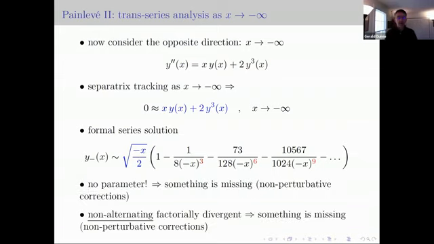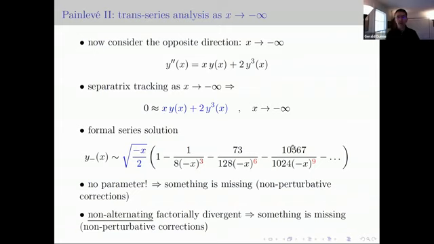But we see, now this is very similar to the Painlevé example that Adri just discussed. There's no parameter here. This is a second order equation, and I'm presenting you a solution, an asymptotic expansion, that has absolutely no parameter in it. So that tells you already that something is missing. And the something that is missing is some non-perturbative corrections, these exponentially small corrections. Another way to see in Borel-style language that there's something missing is that we'll learn that these coefficients are actually factorially diverging.